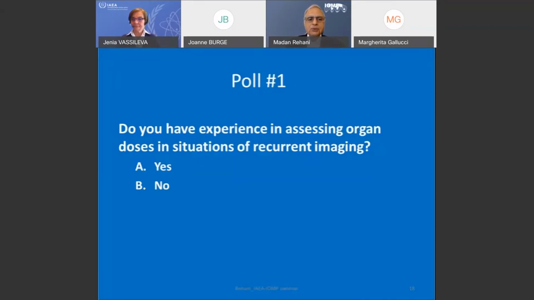The question is, do you have experience in assessing organ doses in situation of recurrent imaging? It is not in one imaging, but recurrent imaging. It is chest, abdomen, pelvic, head, so there are different body parts.